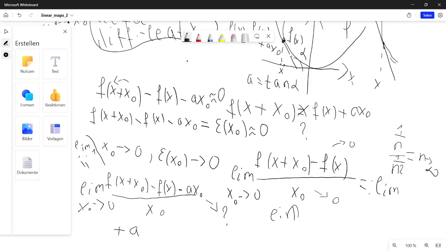Independently whether they exist or not, we don't know. It's just mathematical objects, maybe infinity, not numbers, mathematical objects. And we have that limit 1 exists if and only if limit 2 exists.